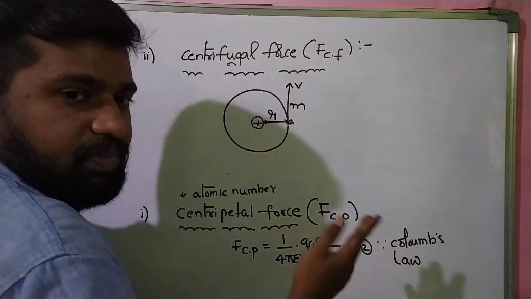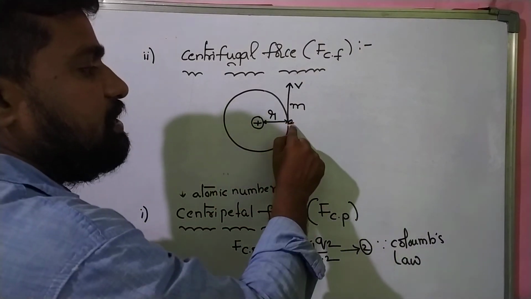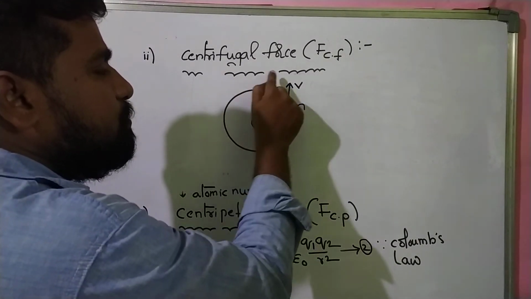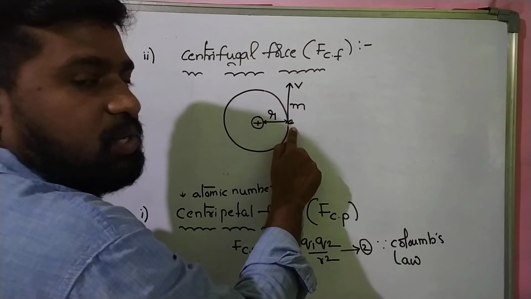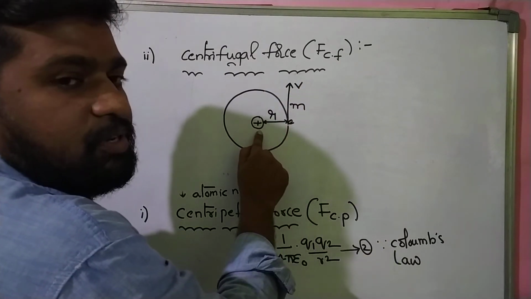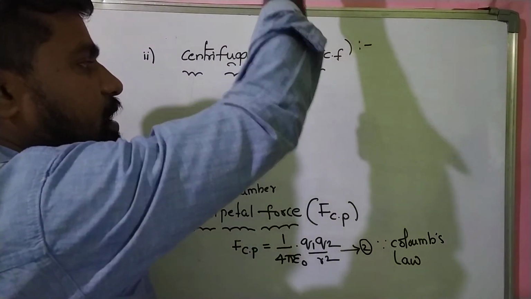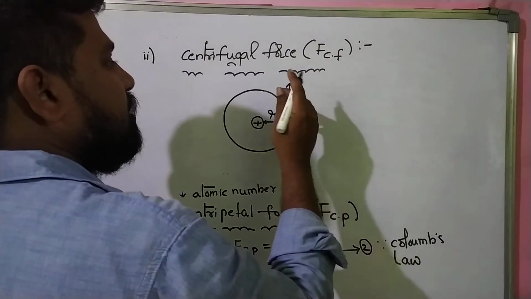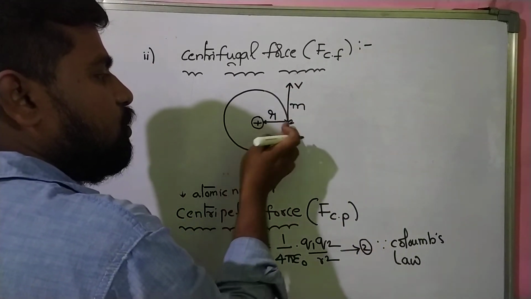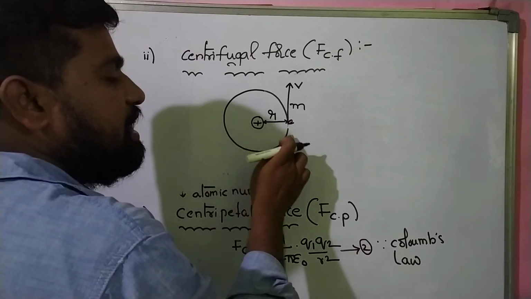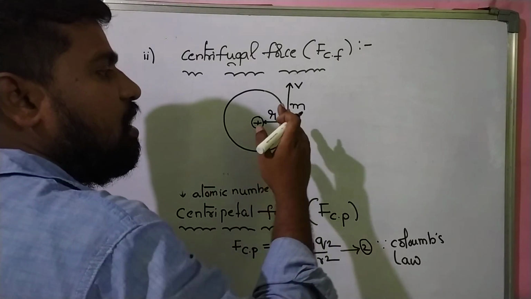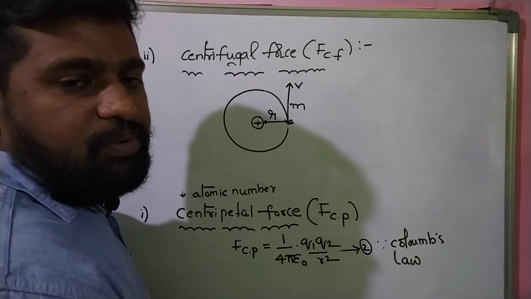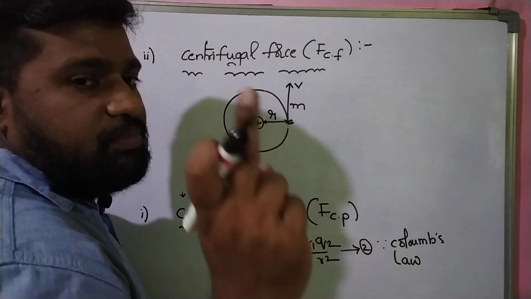At the same time, another force is also acting on this electron. That force is called centrifugal force. Means that centrifugal force always tends to make the electron escape from the nuclear force of attraction. It is always acting in this direction, outside of the nucleus. So that is called centrifugal force.